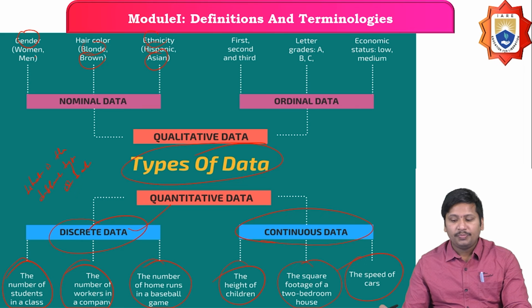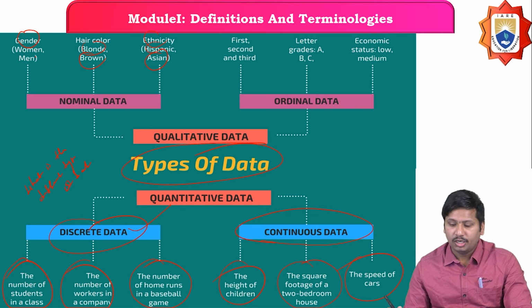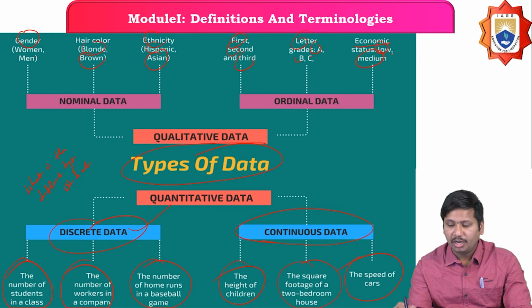Ordinal data is also one of the types of qualitative data. Ordinal data is first, second, third, letter grades like A, B, C, and economic status like low, medium, high. These are all ordinal data.